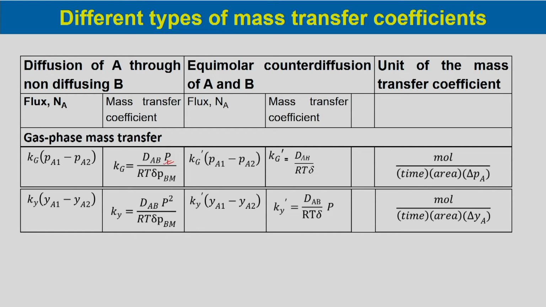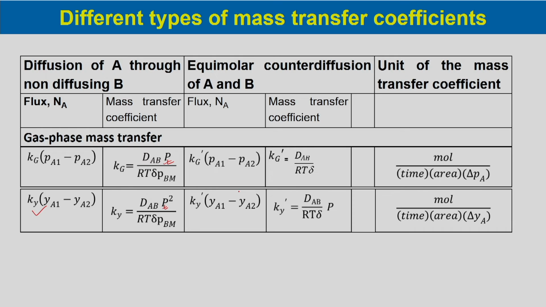Similarly, if we write in terms of the mole fraction unit Ky, the flux in case of diffusion of A through non-diffusing B, we can write the flux Na would be equal to Ky into Ya1 minus Ya2 and its mass transfer coefficient in this case is DAB Pt square divided by RT delta PBM.